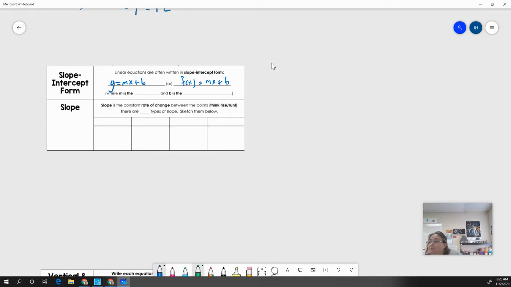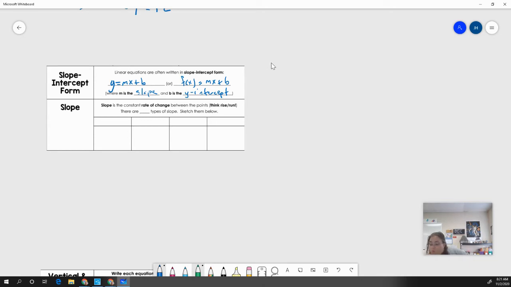Where m is the slope and b is the y-intercept, which is why we call it slope-intercept, right? Because it gives us a slope and it gives us an intercept. And once we have one point on the graph of a line, we can find infinite points on that graph.